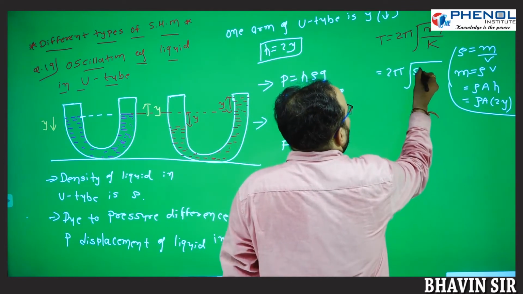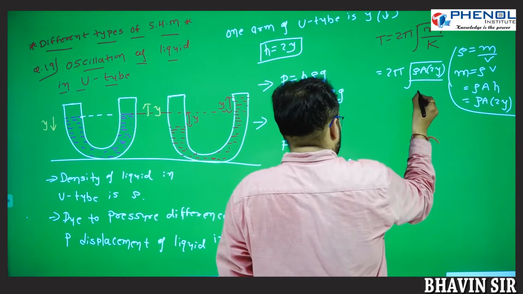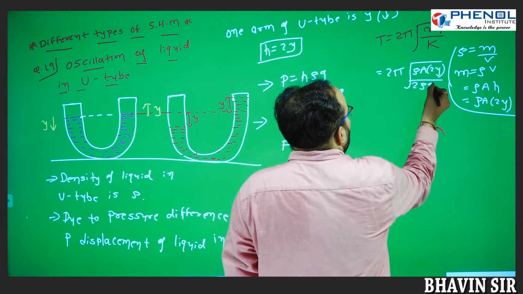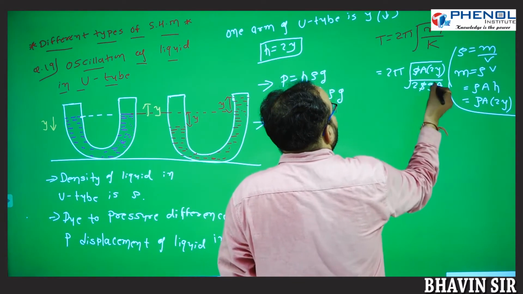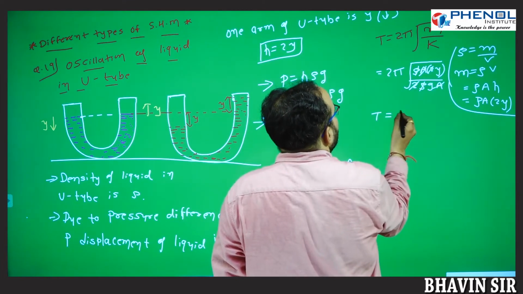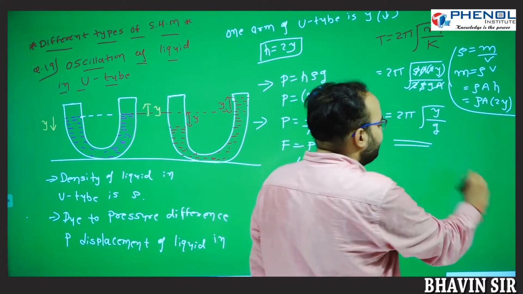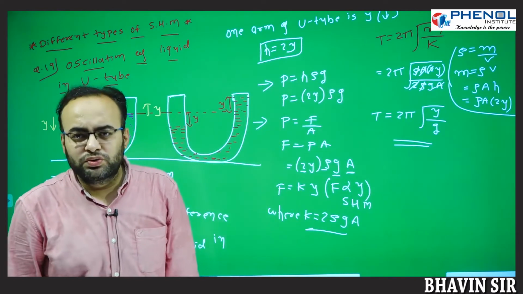So rho A 2y divided by 2 rho g A. Rho cancels, A cancels, 2 and 2 cancel. So the time period is 2 pi under root y by g. And what is y, students?